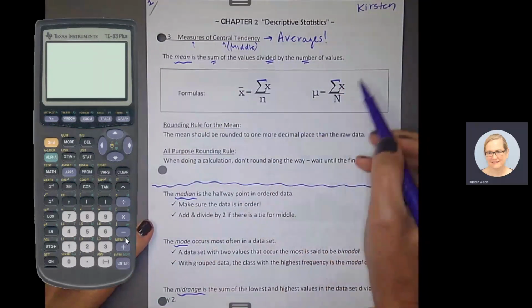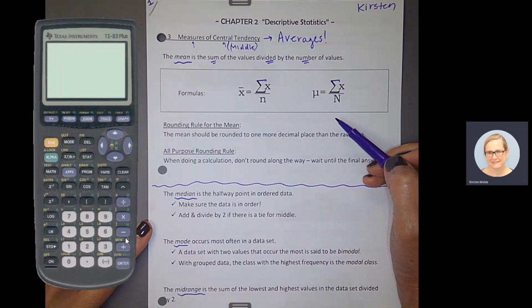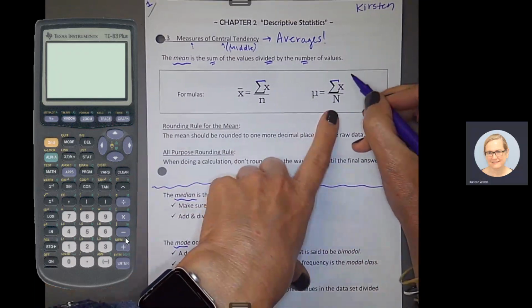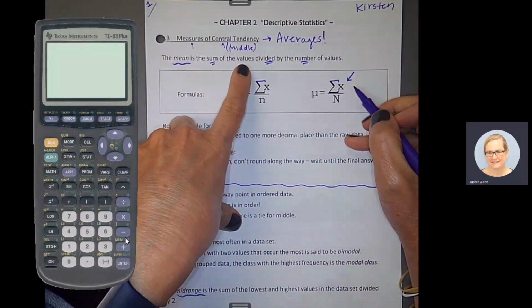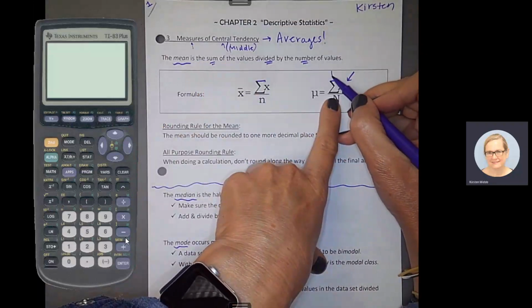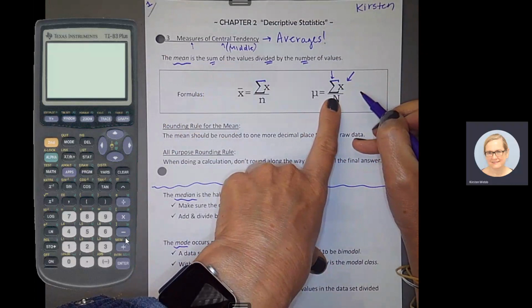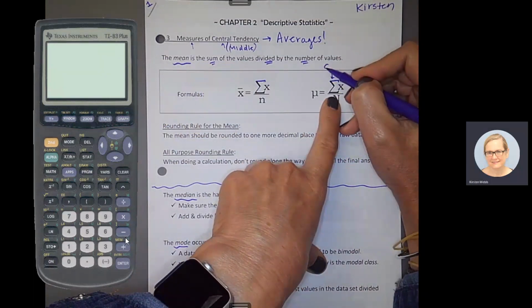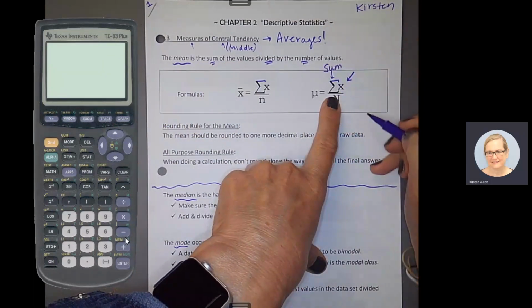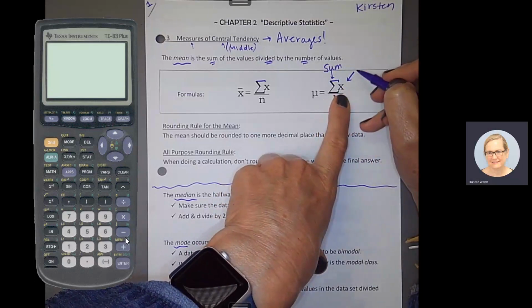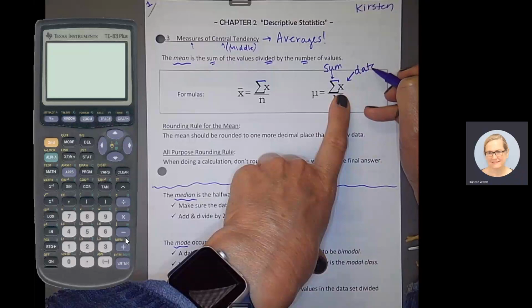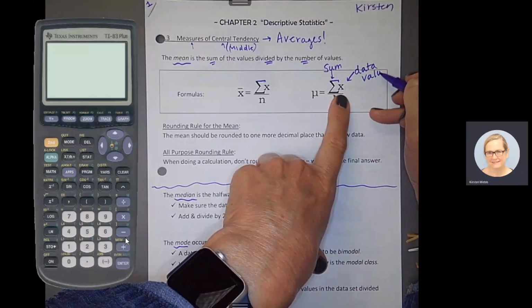That's what these formulas are trying to indicate. So let's check one of them out over here. We said we're going to sum the values. That's what the sigma and the x here are telling us. Sigma is the part that's telling us to sum or add them all up. And what we're adding are the x's. This x represents all of our data values.